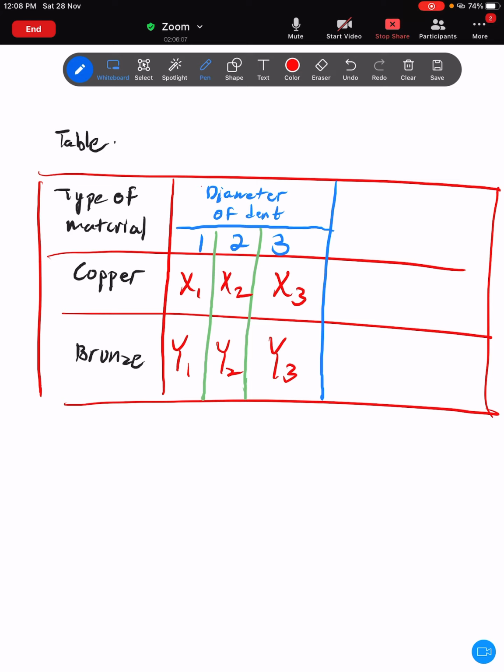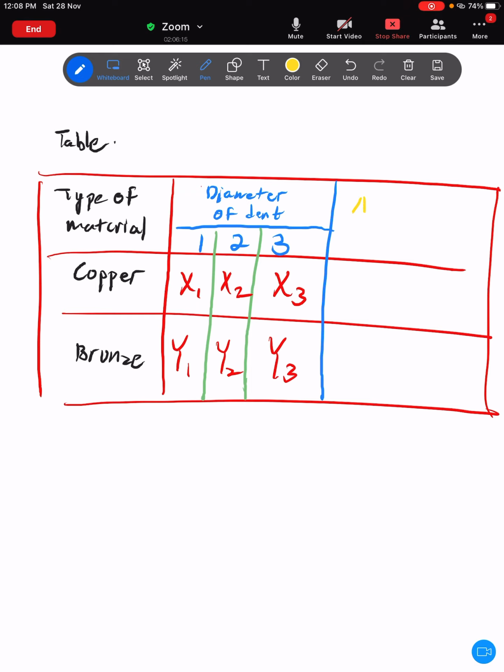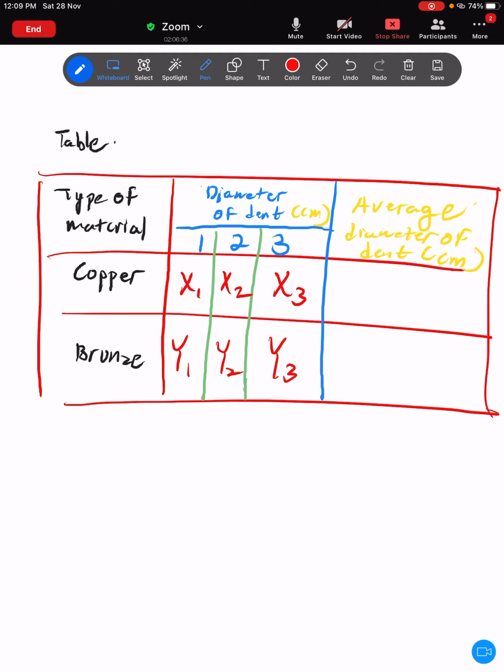Then what shall we do? What is the next step? You're gonna take average diameter of dent. Oh, guys, please put a unit. It's a cm. And as you can see over here, how to calculate the average? x1 plus x2 plus x3 divided by 3.